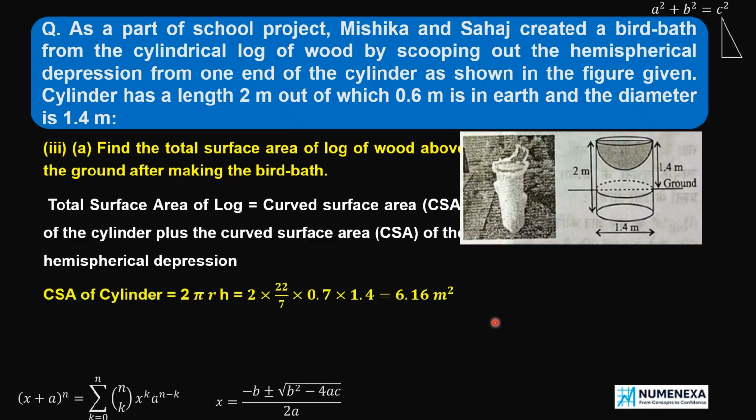Now finding the CSA of the cylinder. The formula for the curved surface area of a cylinder is 2 pi r h.